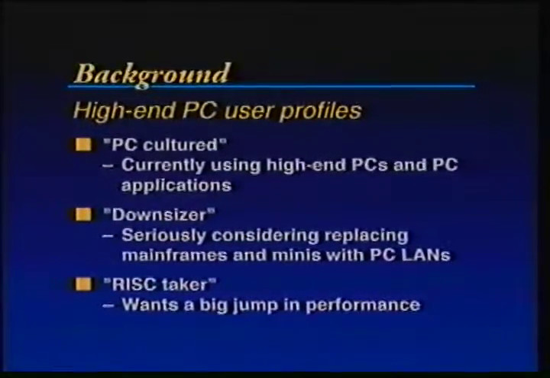These are the people who have either moved from mainframes and minicomputers to PC land, or they're considering doing so, and they need more power than their current base may have. Then you have the risk taker. These are the people that want a big jump in performance, and what they're considering doing is moving from a PC and PC-type applications to Unix workstations typically built on top of RISC processors.